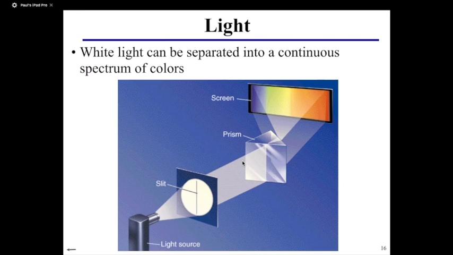But looking at the light really gave us some information that helped us understand what the structure is of the atom. Now remember, the atom takes up a sphere of space, and we said electrons were buzzing around and the nucleus was very, very tiny with all the mass.